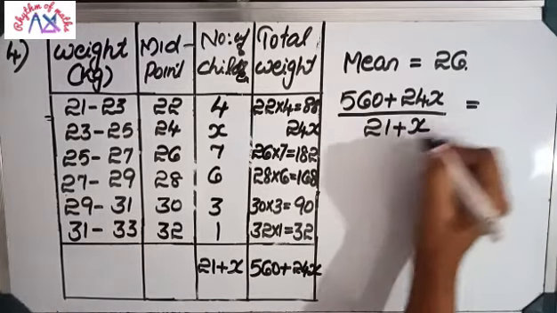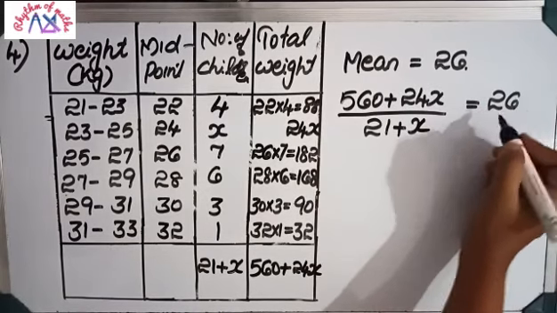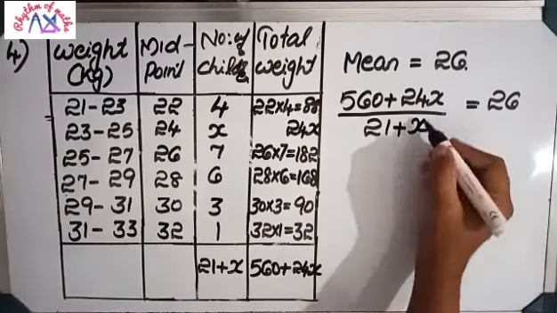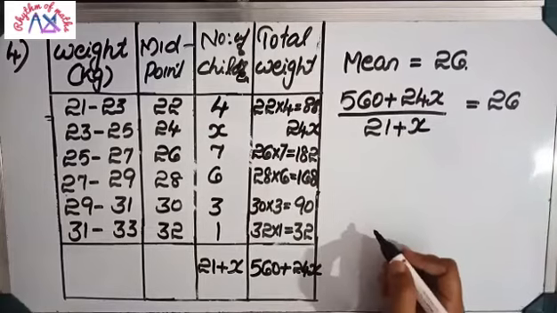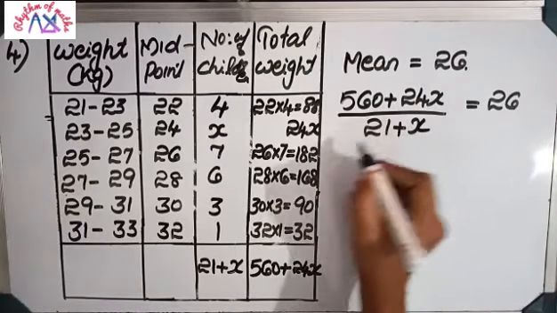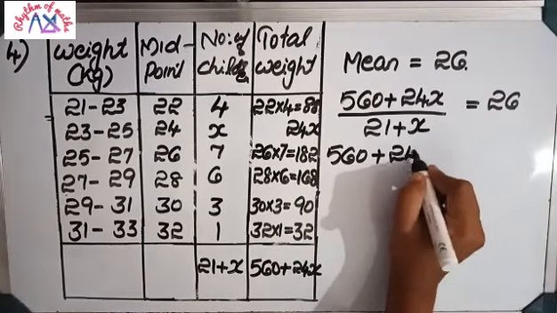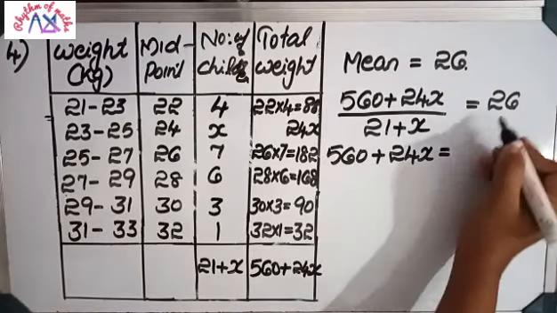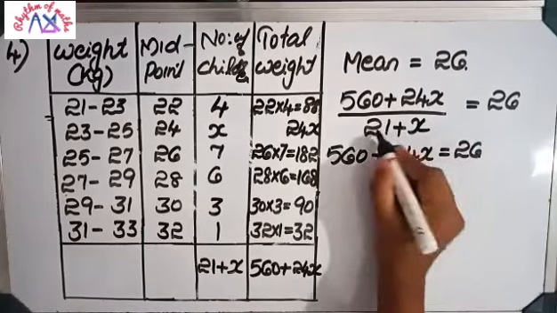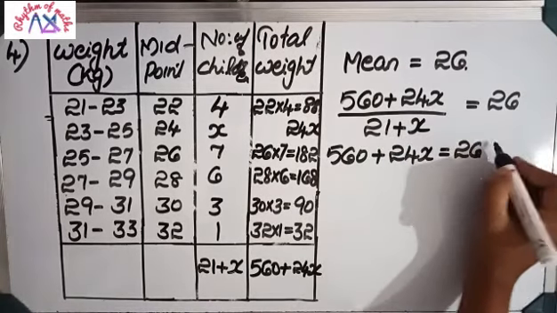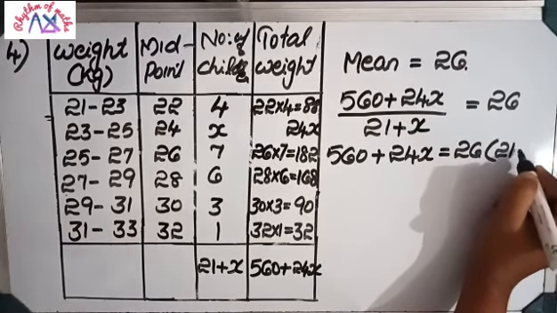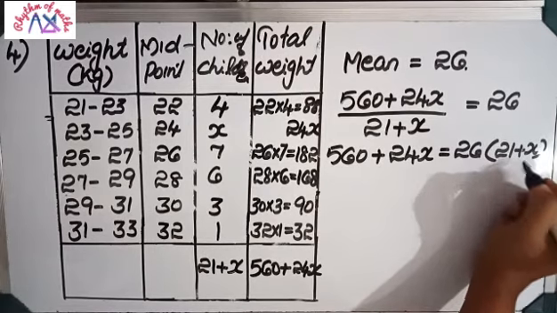When you do this, we will get the answer 26, because the answer is already given. Now let's arrange this and find the x value. So keep 560 plus 24x here, equal to 26 divided by 21 plus x, come to this side, it will be into 21 plus x. One bracket will be there.